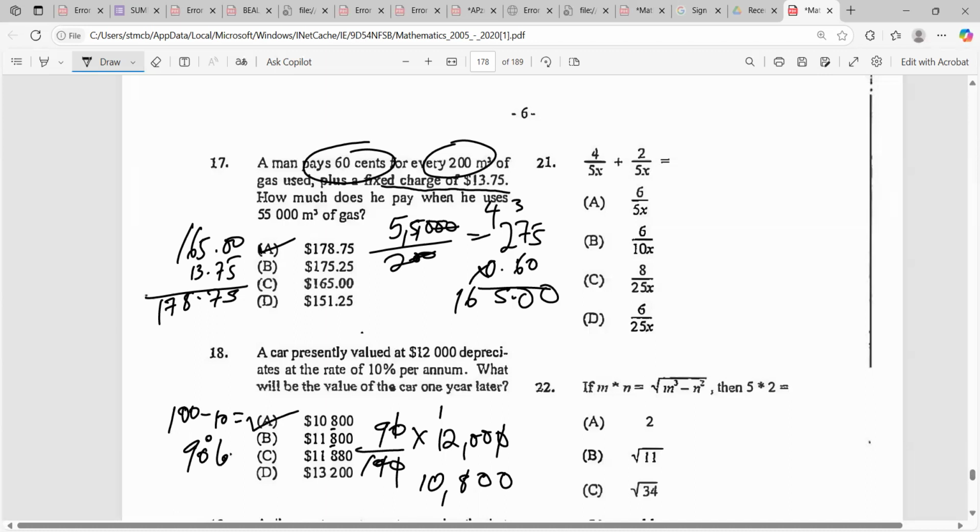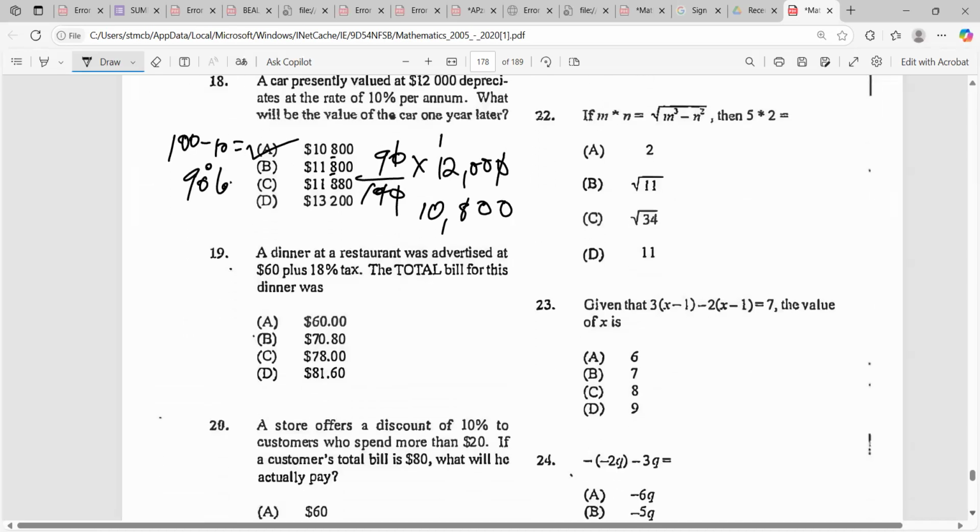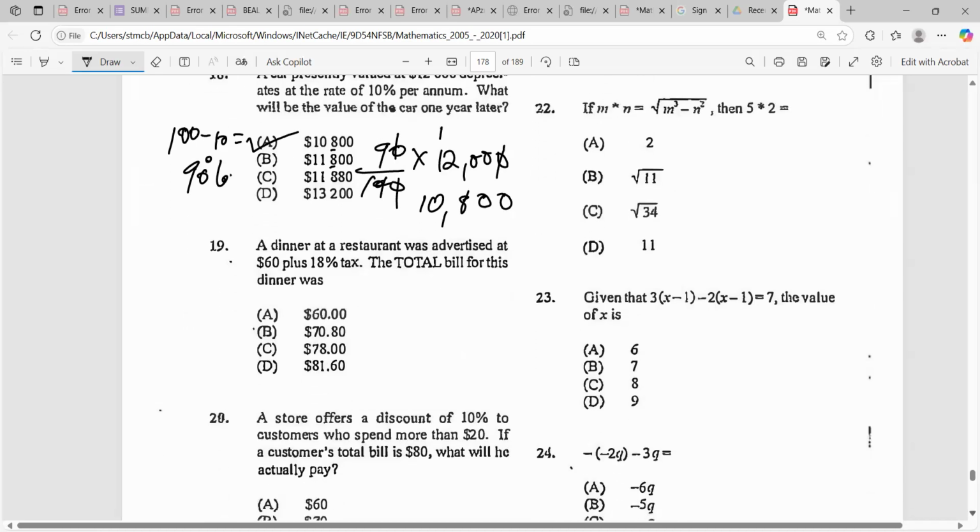Makes sense, right? Because if you find 10% of 12,000, that's going to be 1,200. And if you subtract the 1,200, I know that's how you guys like to do it, but it doesn't matter. I get the same answer.